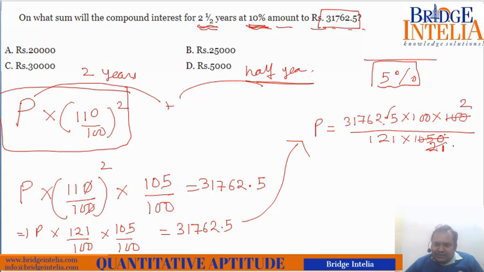Both of these are multiples of 3. 7 3s are 21. So if you try to cancel this out, so this is 105875 into 100 into 2 divided by 121 into 7.